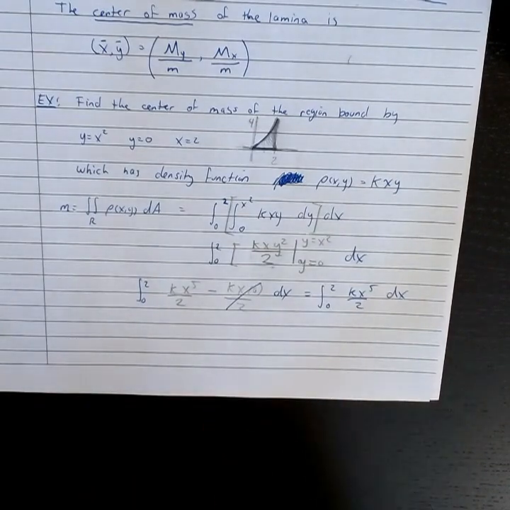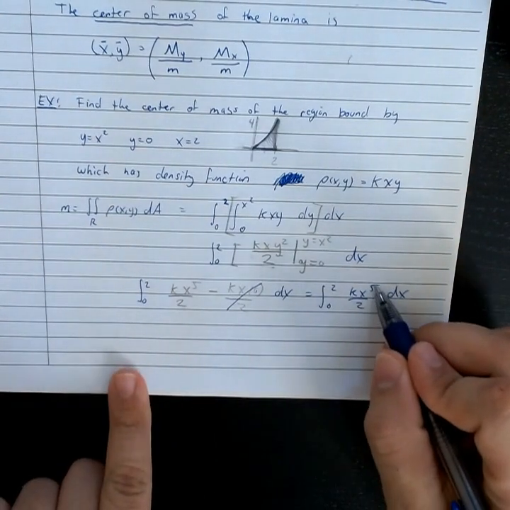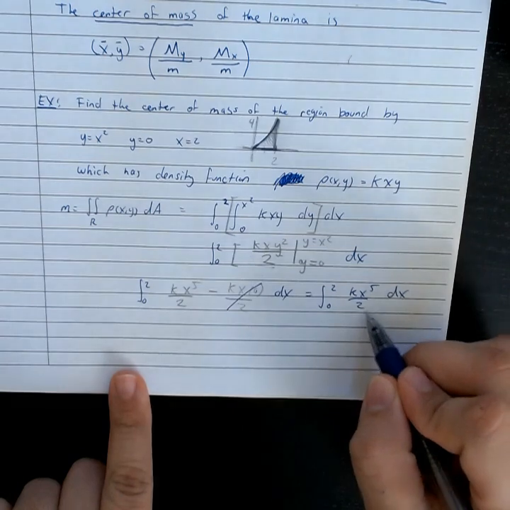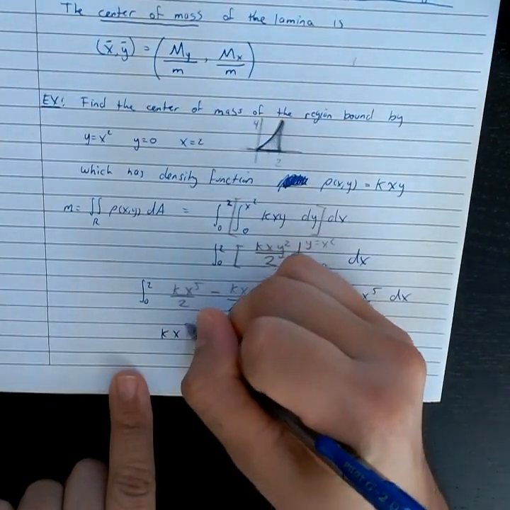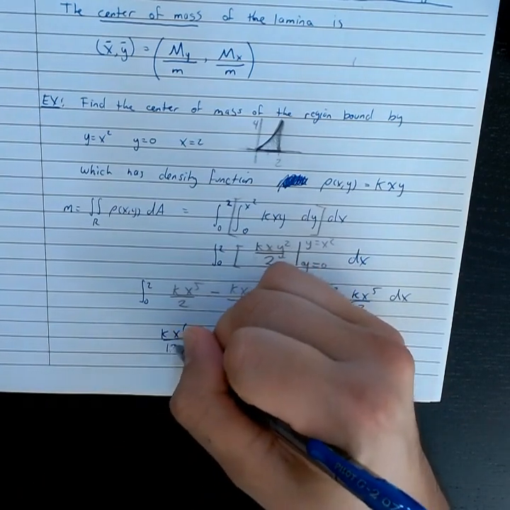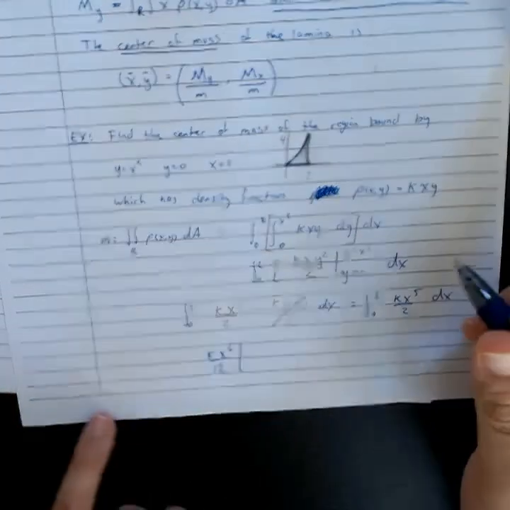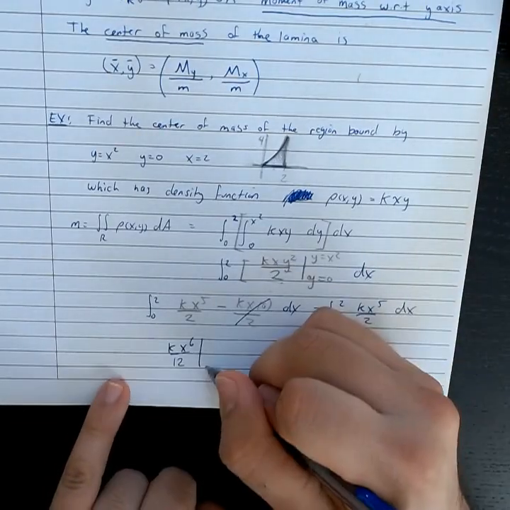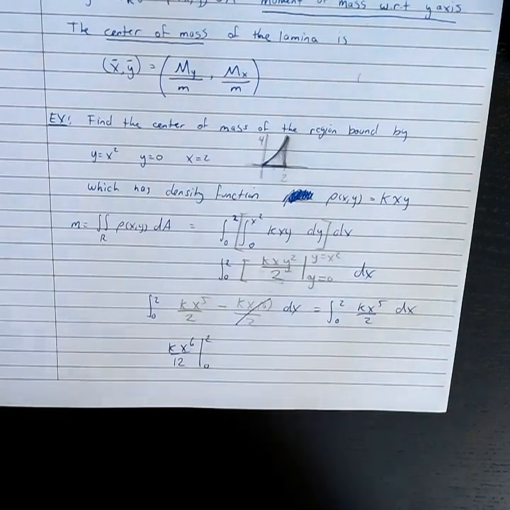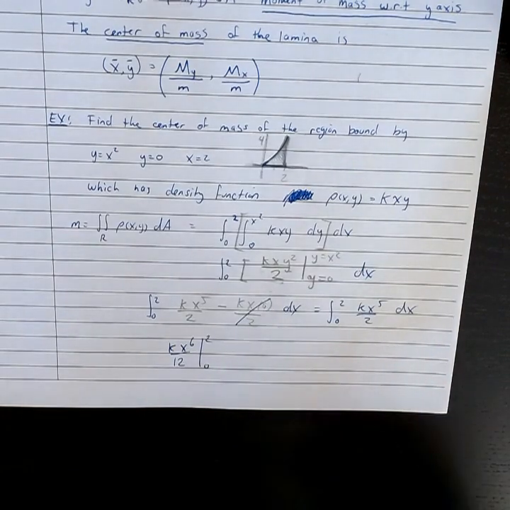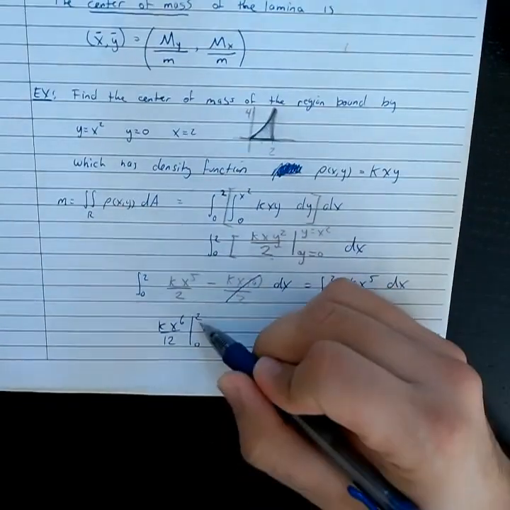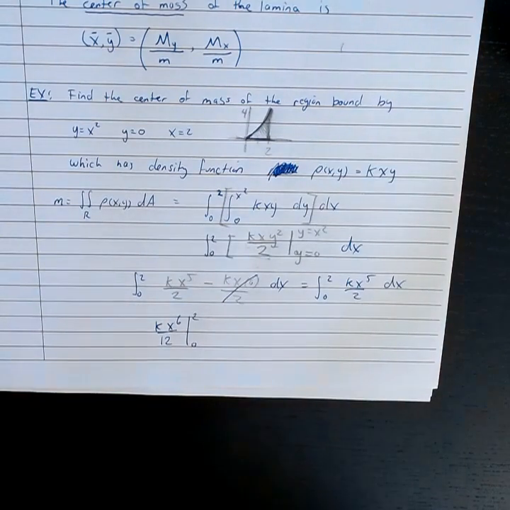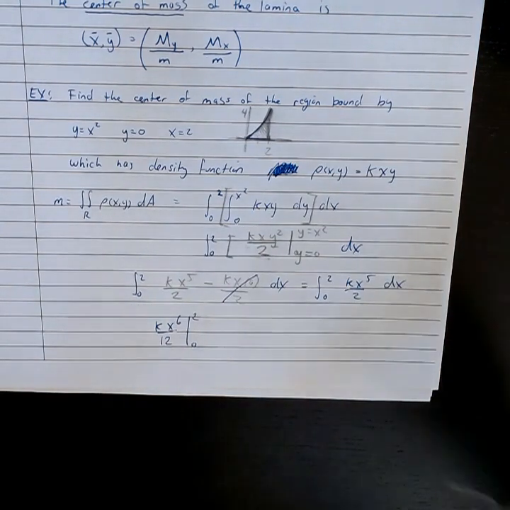We integrate that. We can now say that's x to the 6th over 6. Now, of course, it's already got a 2 down there, so that's going to become kx to the 6th over 12. And we're evaluating that from where x is equal to 0 up to wherever x is equal to 2. All right, so now we can go ahead and evaluate. If we substitute in 2 right here, 2 to the 6th power, that'll get us 64.